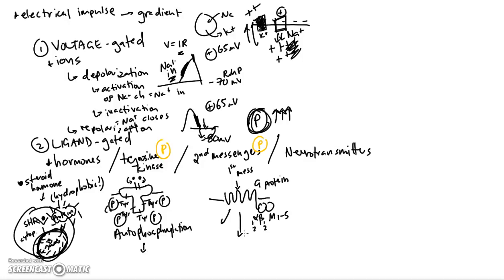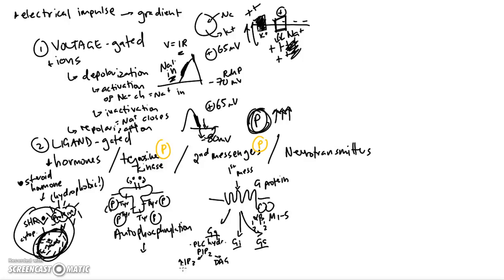I guess it would be worth mentioning the types of G proteins. So you have GQ, GI, and GS. And just briefly, what you should know is that with the GQ receptor, this binding happens, this receptor gets triggered, and in the GQ cascade we would see phospholipase C hydrolyzing PIP2, I believe, into IP3 and DAG.